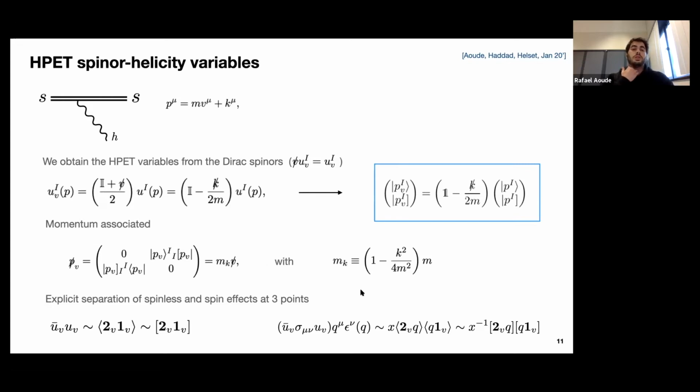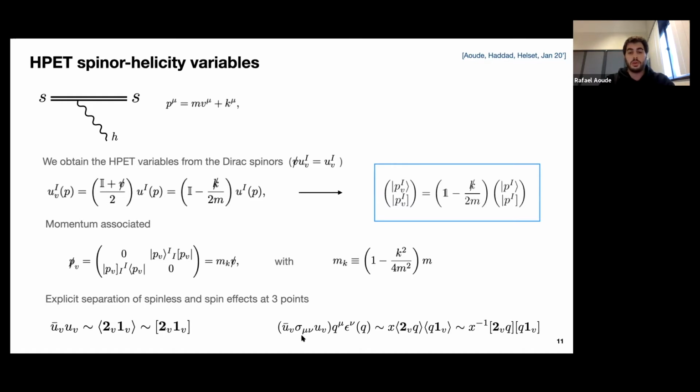The very interesting and important thing for these variables is that if you calculate a spinless object using the heavy Dirac spinors, it will only be related to the angular and the square brackets with massive particles inside. So this is a u bar u here, and then you only have the massive momentum inside.